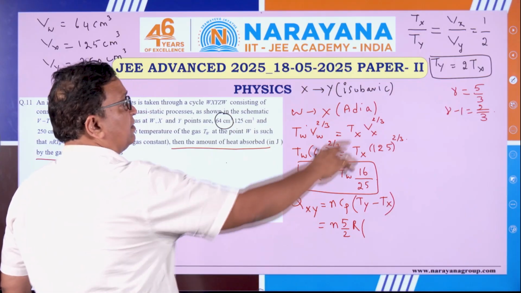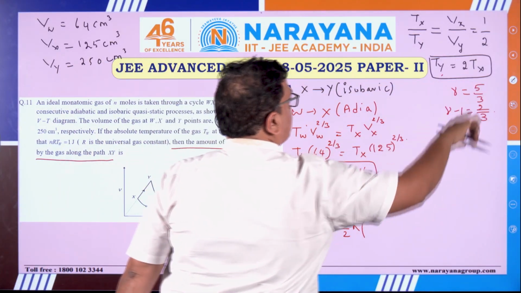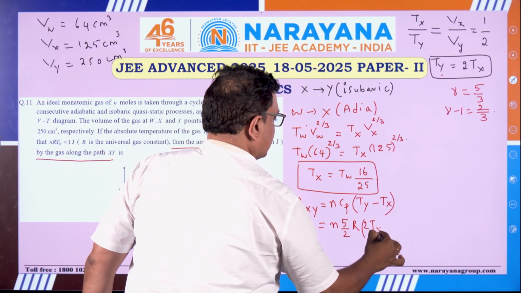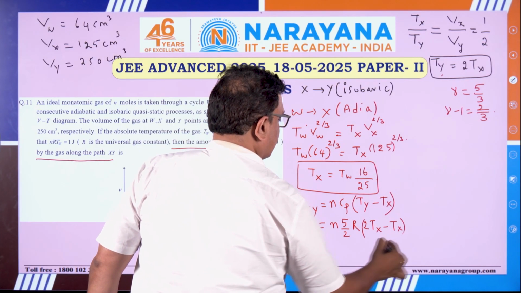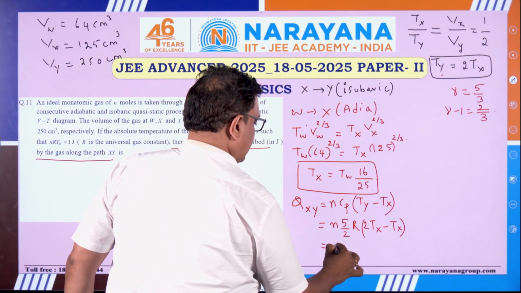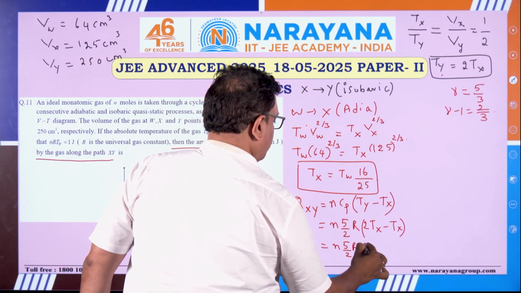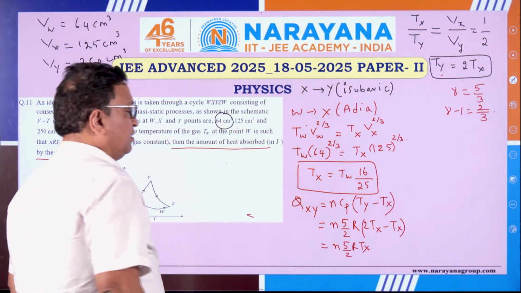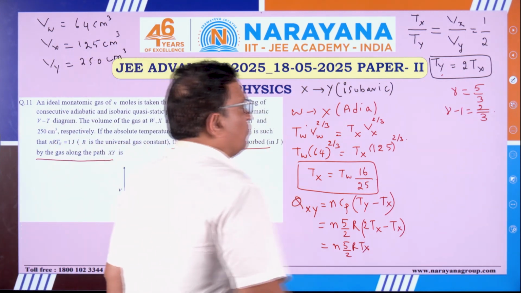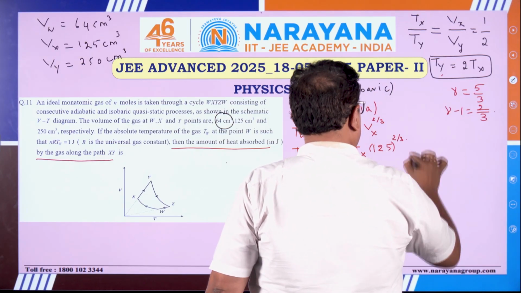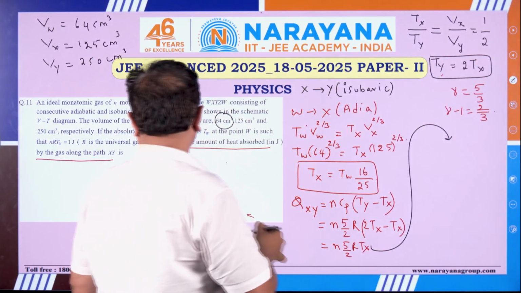Don't forget, wherever I can use 2Tx. So, therefore, 2Tx minus Tx, and that is n times 5 by 2R Tx. Who cares for this? We want the answer to be expressed in the terminology of Tw. That's what he is expecting.